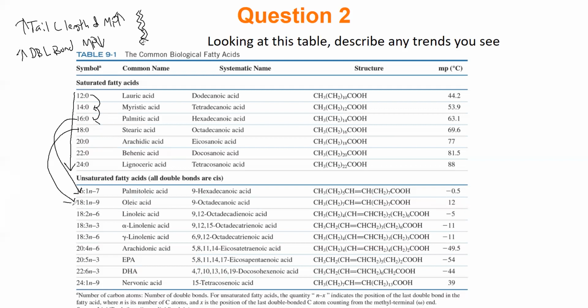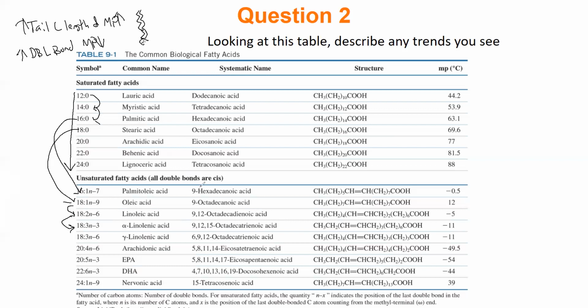And we can even see that if we're looking at an 18-1 versus an 18-2 versus an 18-3. The more double bonds you go, the lower and lower the melting point goes, which just means it's easier to turn it into a liquid. Again, this has to do with packing. If you have a double bond, you can't pack very well with your tails, and you're not having those good, strong steric interactions.